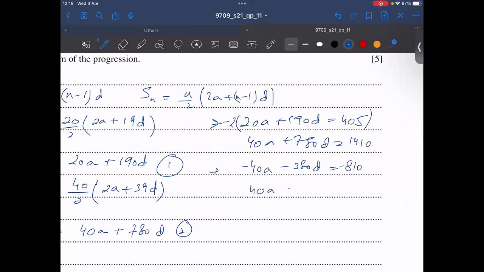You then have 40a plus 780d equals 1410. I'm going to add these two equations, Mr. Iman. All right, it's going to be 400d, and then you have 600. So d is going to be 1.5. All right.